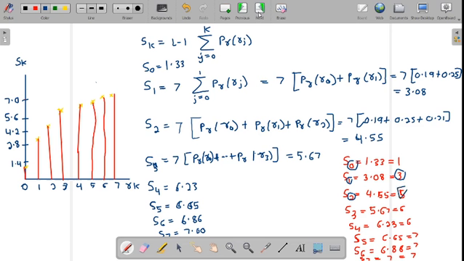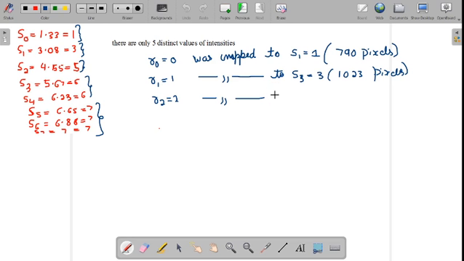So I'll be writing here R2 was mapped to S5, which is equal to 5. So how many pixels were there? There were 850 pixels.